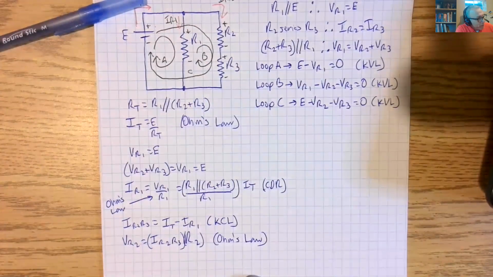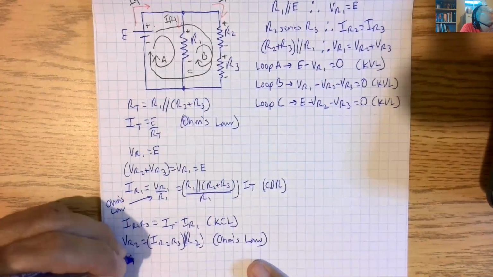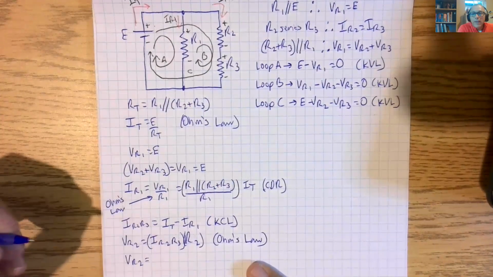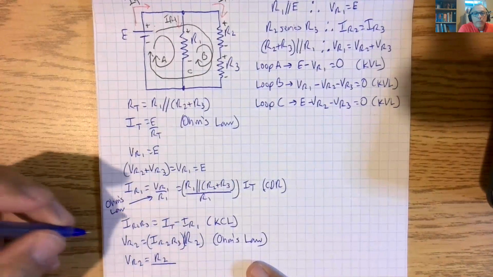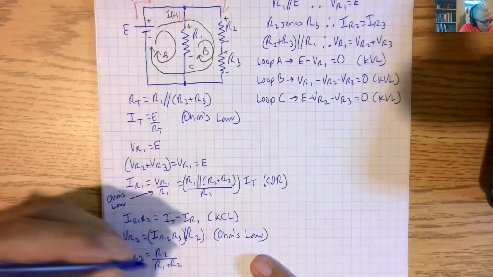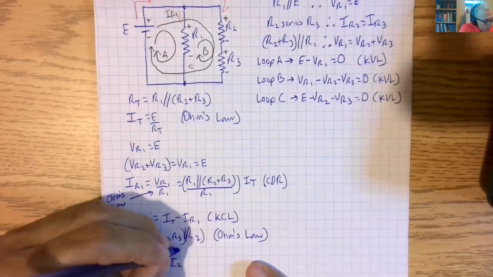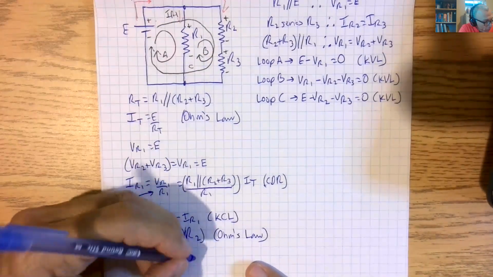So we'll say that VR2 is equal to R2 over R1 plus R2 times the voltage across this network, which is VR1.